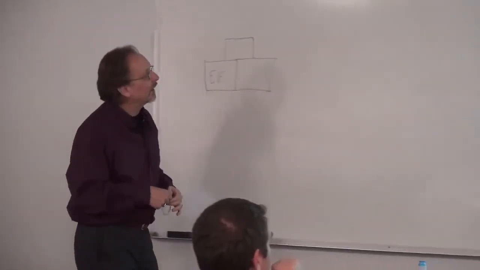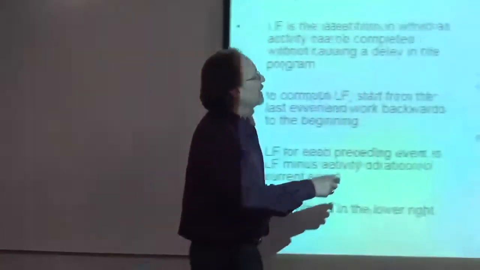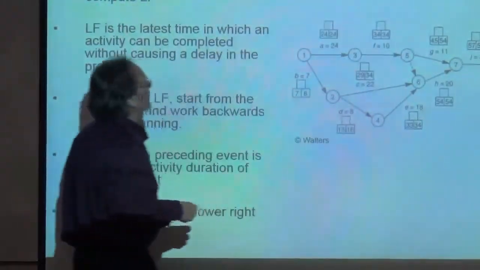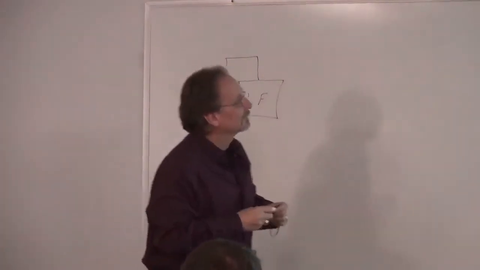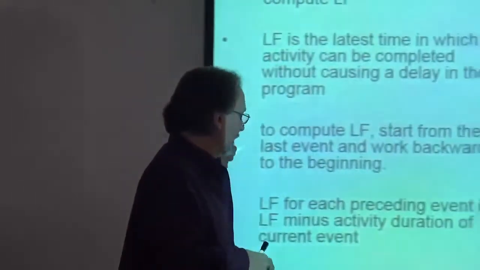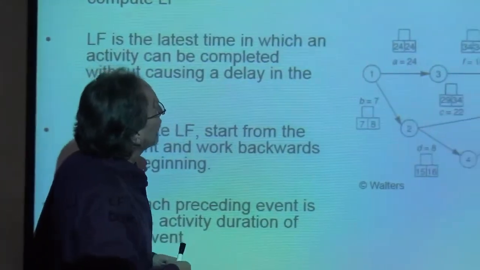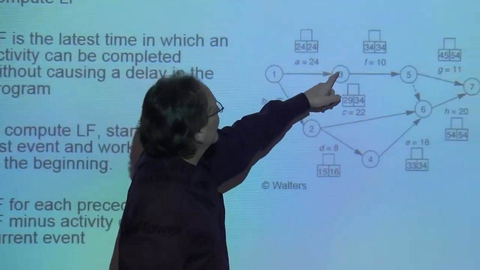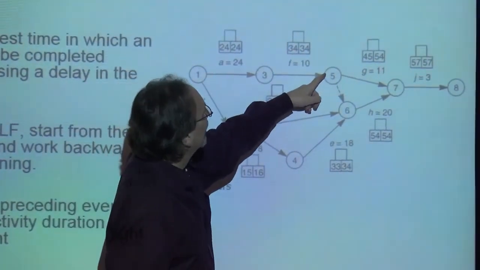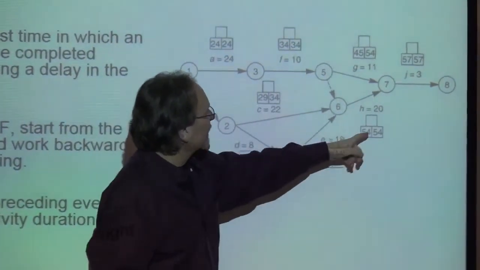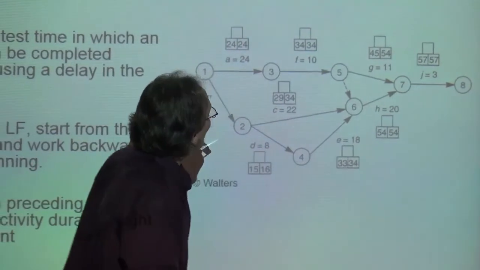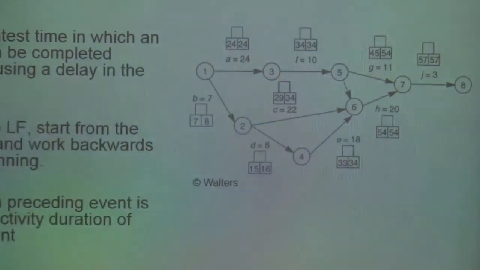And then in the lower right box, we have latest finish. Here, since this is on the critical path, the best way to do this is to take the critical path and go backwards.